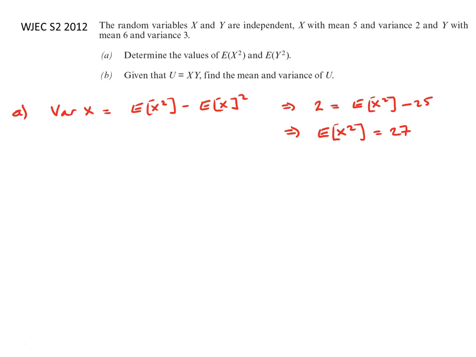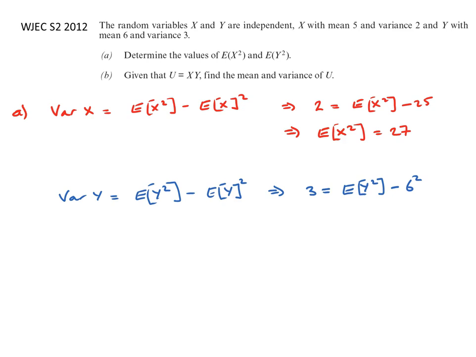And we can do exactly the same thing to calculate the expected value of y squared. We know that the variance of y is the expected value of y squared take away the expected value of y itself squared.